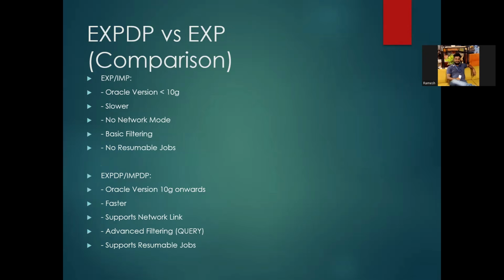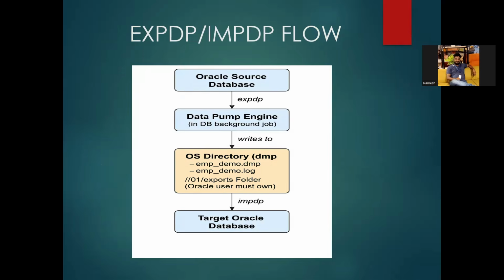Now EXPDP and IMPDP, from 10g onwards, are much faster and support network link and advanced filtering. We can filter whichever columns we need and take the export. It also supports resumable jobs. This is the difference.